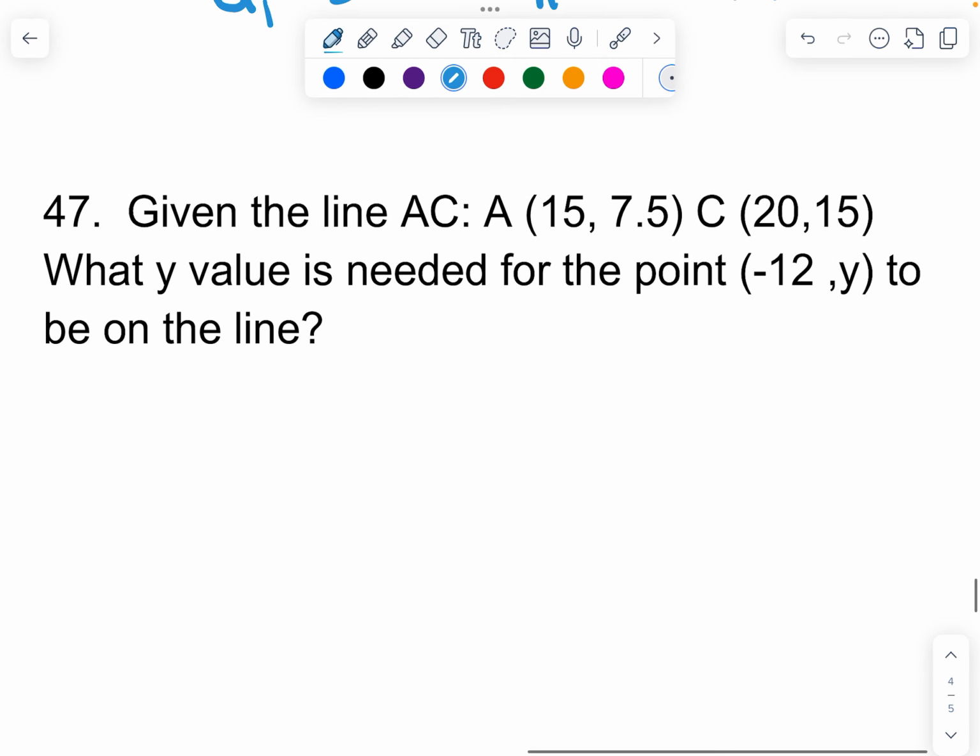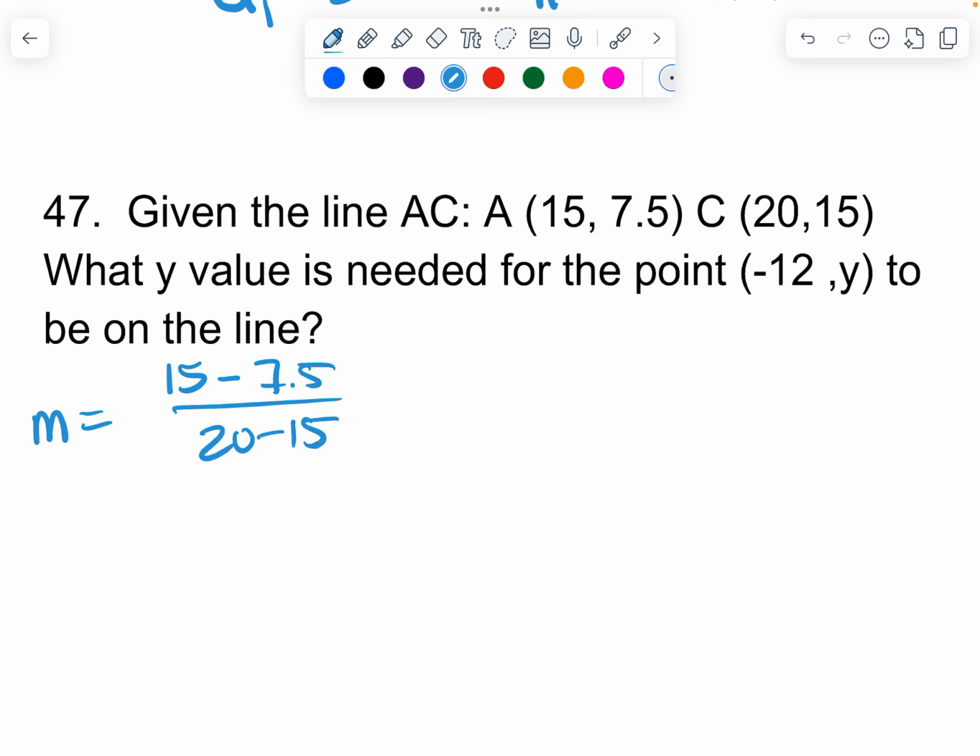Then this one, find the slope. I get 15 minus 7.5 over 20 minus 15. I get 7.5 over 5.